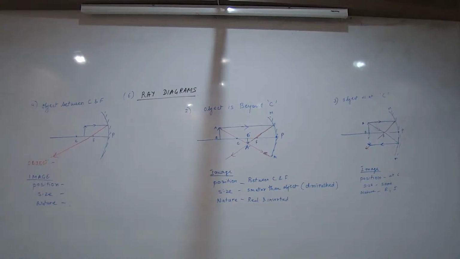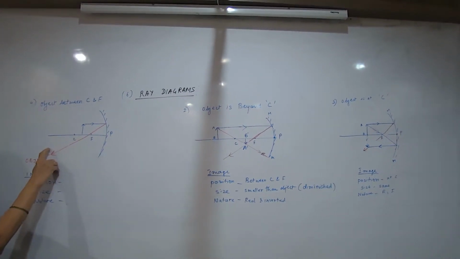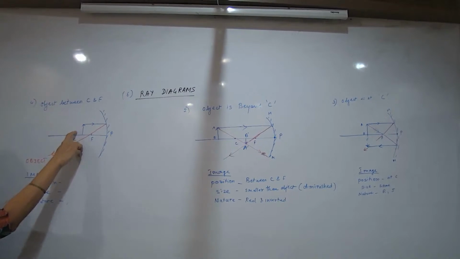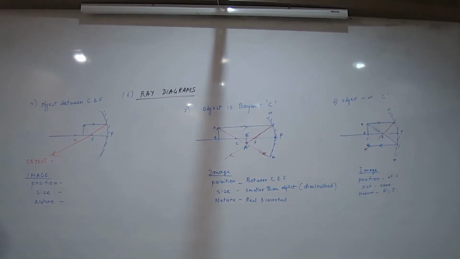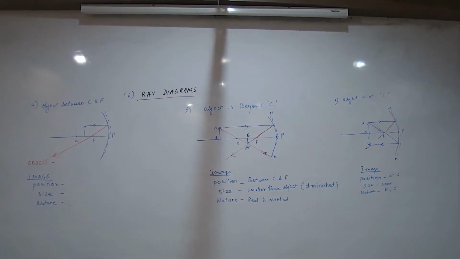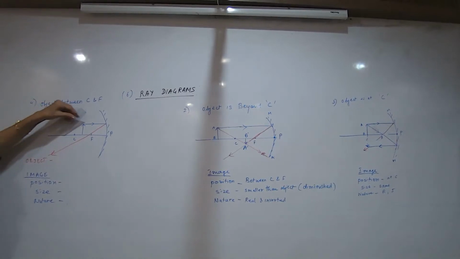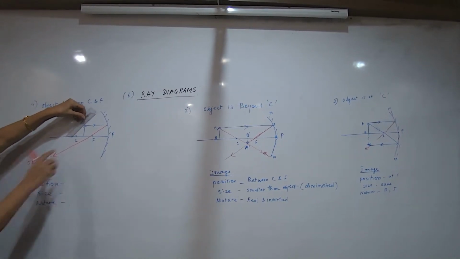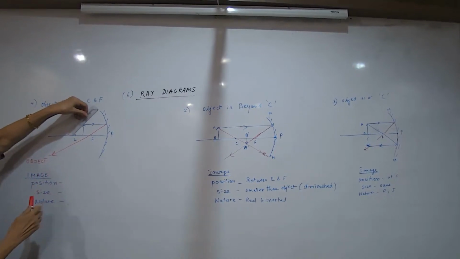So the other one, of course, we can take either passing through F and becoming parallel, or we can take one passing through C. That way is also valid. The other one is we can talk like this. See, a ray which is passing from the tip, passing through C, like that.